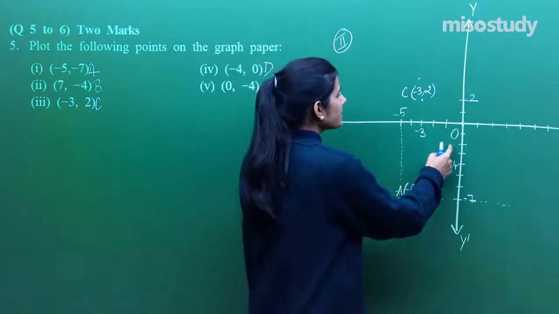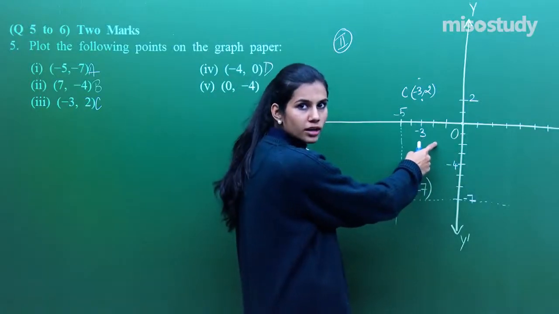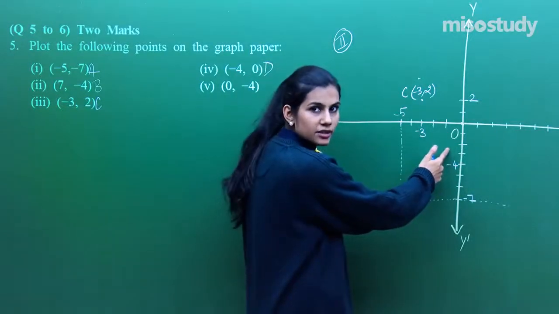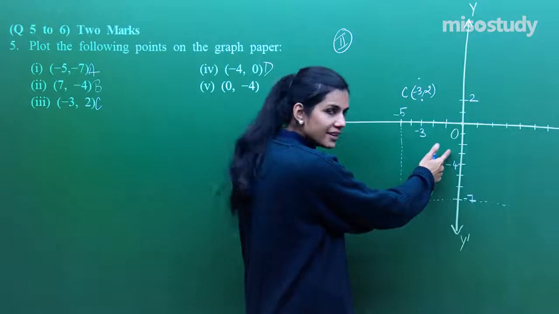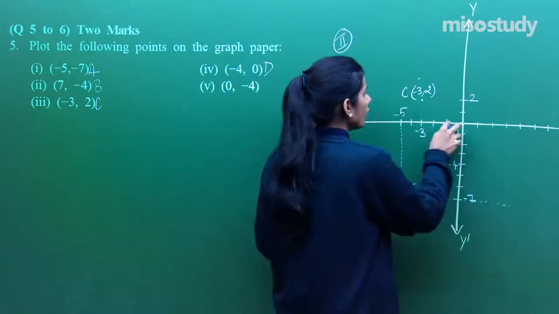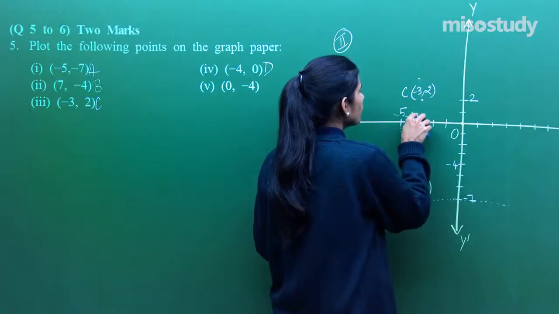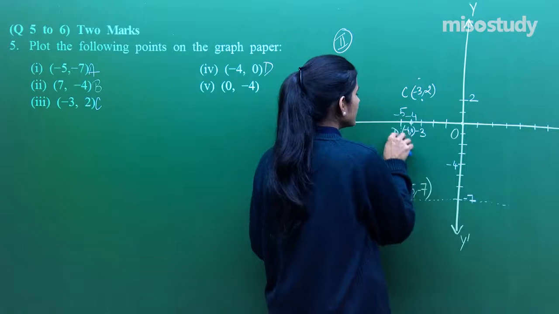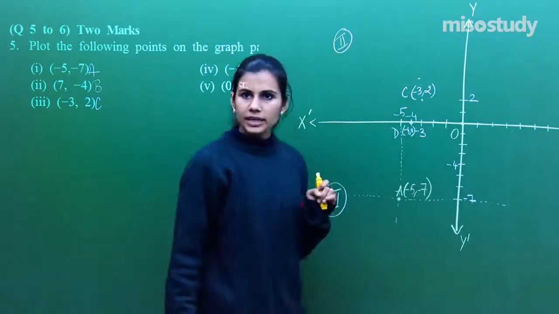So the point is lying somewhere on the negative x-axis for sure, right? It is not lying anywhere on the y-axis, it is lying on the negative x-axis. And where is it lying? You just need to move 4 units in the negative x-axis direction. So 1, 2, 3 and 4. This is -4. This point itself is (-4, 0). That is point D. Clear?